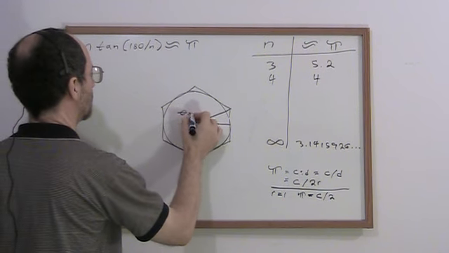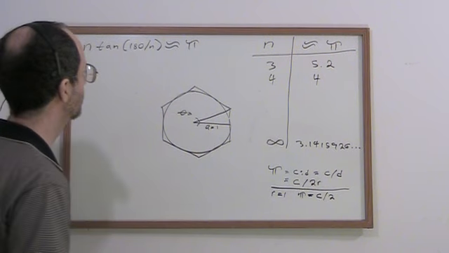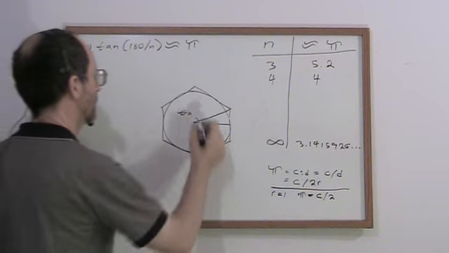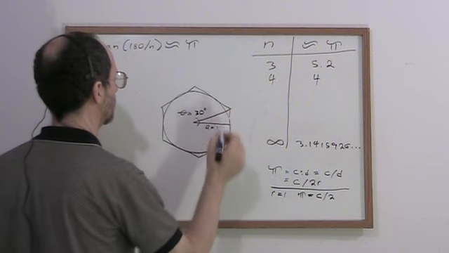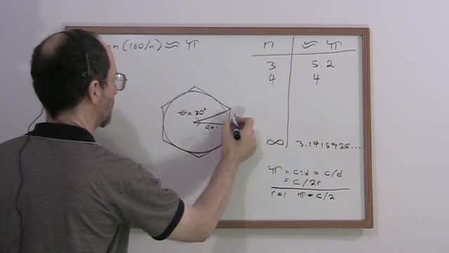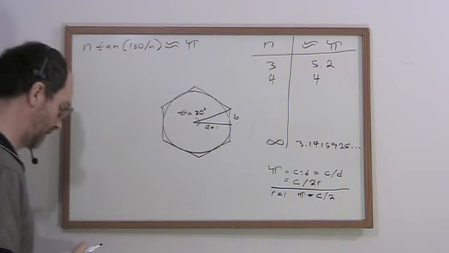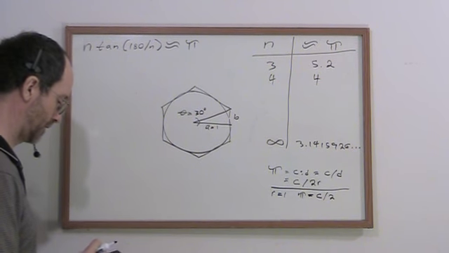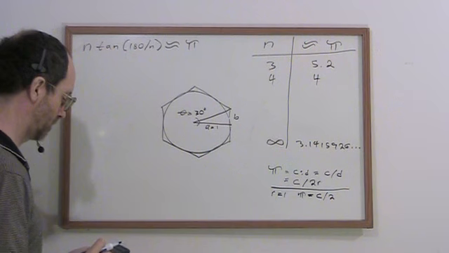Theta equals 180 degrees divided by 6, which is 30. 30 degrees from here. b. Okay, tangent 30 is 0.57.